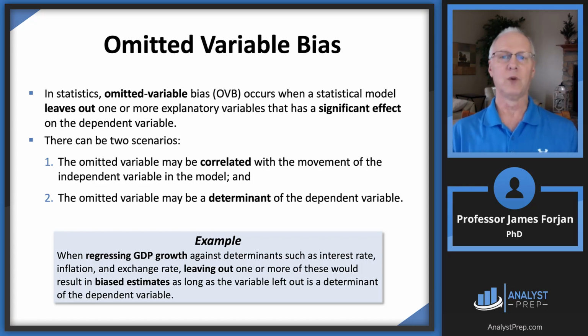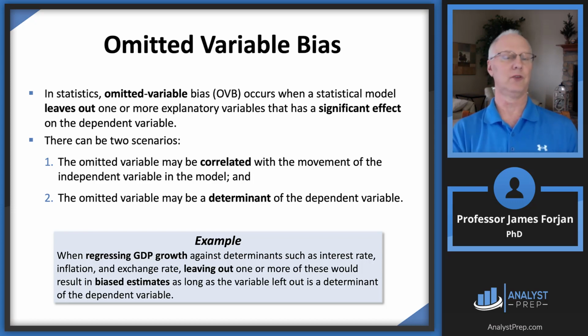Well, suppose you leave one of those out. Well, clearly, if you leave one of those variables out, you are not going to have a model that does a very good job of explaining the variability in the dependent variable. And that's what this omitted variable bias is. When a statistical model leaves out one or more explanatory variables that has a significant effect on the dependent variable.